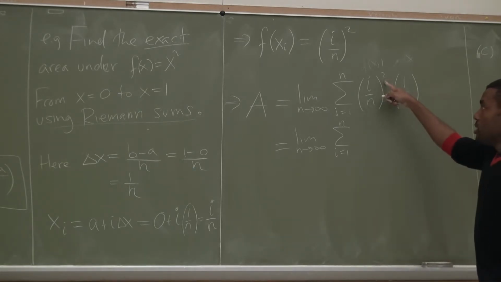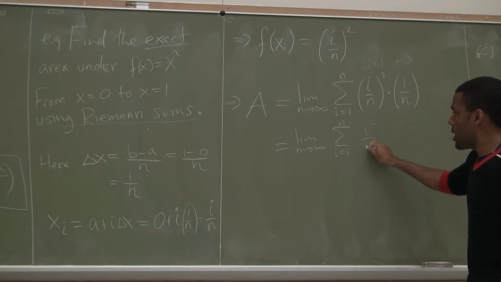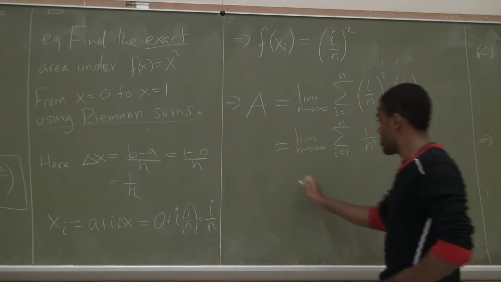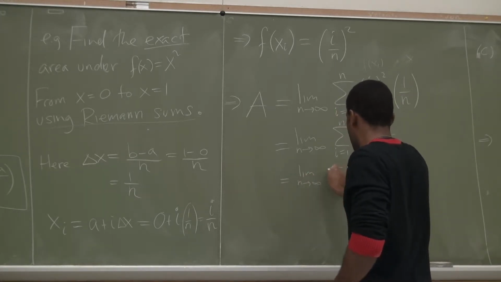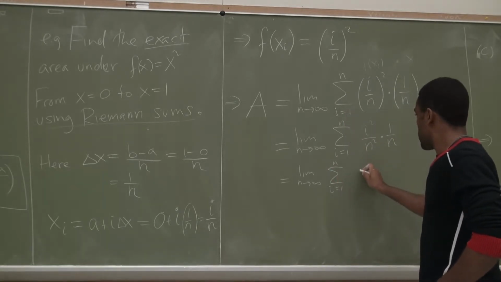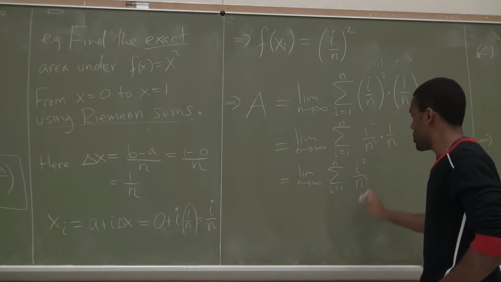Find the exact area. I'd simplify, right? This I can write as i squared over n squared times 1 over n. This is just i squared over n cubed.